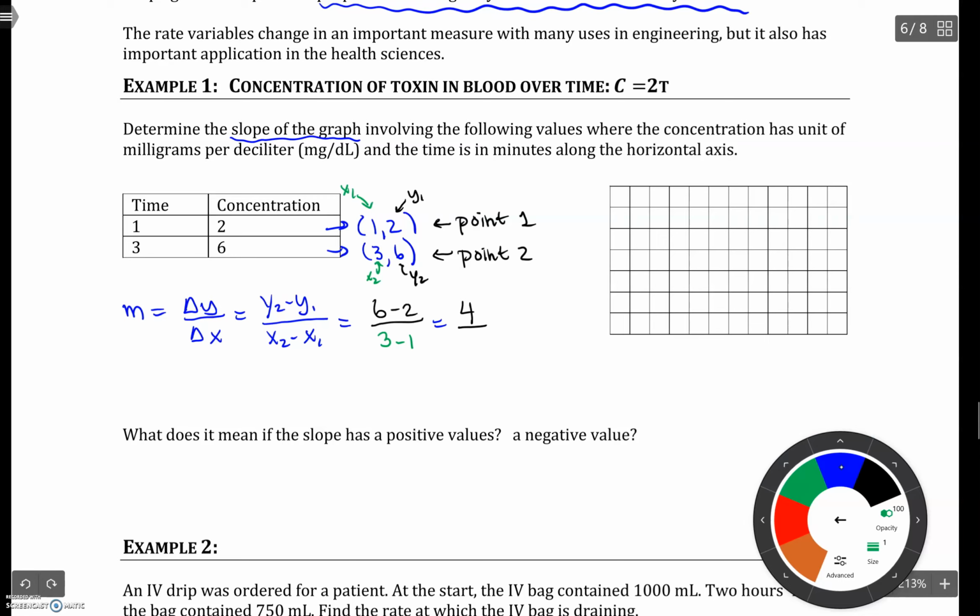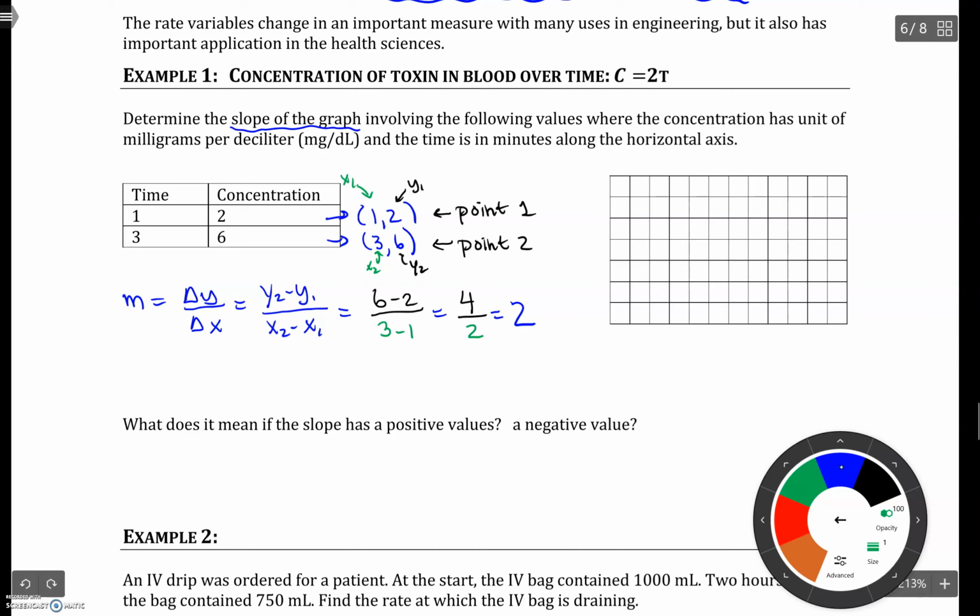My x values had a change of 2. So overall, my slope is calculated as 4 over 2, or 2.